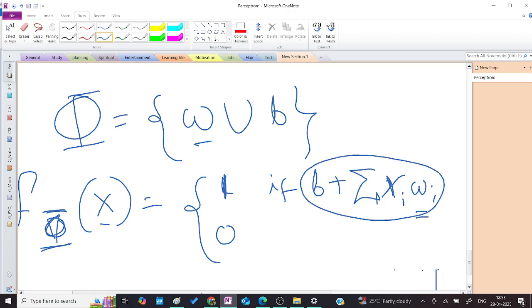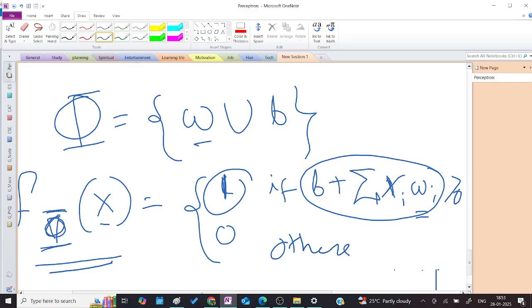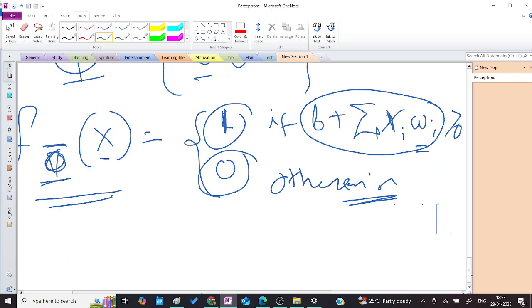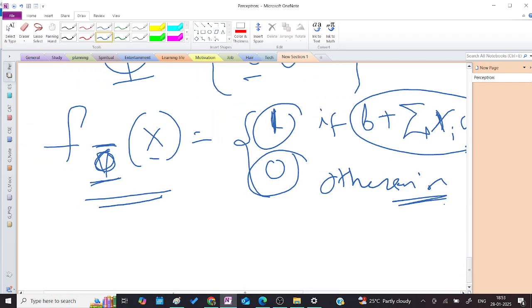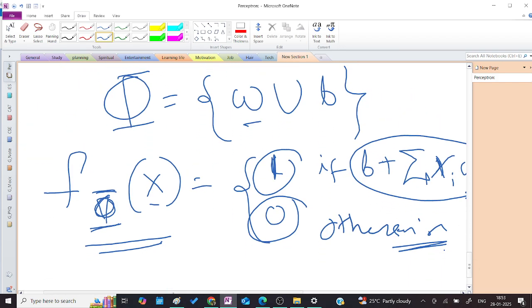If their sum is more than 0, then we will say the perceptron output will be 1. Otherwise, perceptron output is 0. And if the perceptron output is 0, that means the given image is not 7.